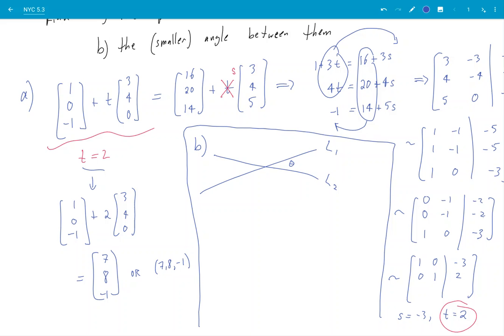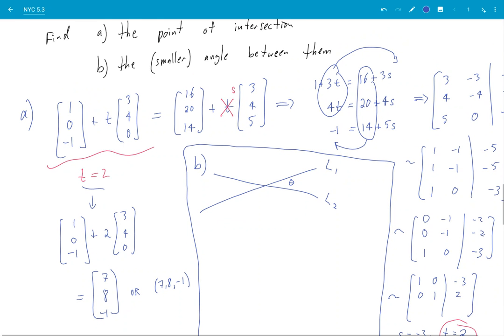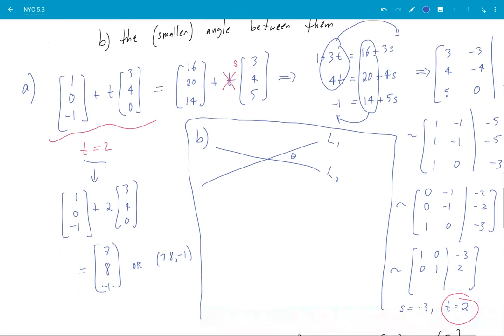Now, if you think about the direction vectors for these lines, if this is the origin, then the direction vector for L1 will go like this. The direction vector for L2 will go maybe like this. And you have the same angle down here.